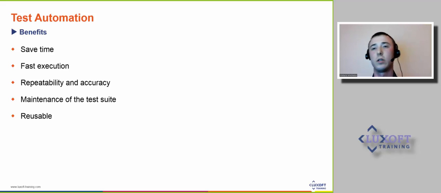Repeatability and accuracy. So when we run our automation tests, we eliminate a kind of human errors. For example, a test engineer, when he's executing a test case manually, can make a human mistake, forget to execute any step of the case, and so on.